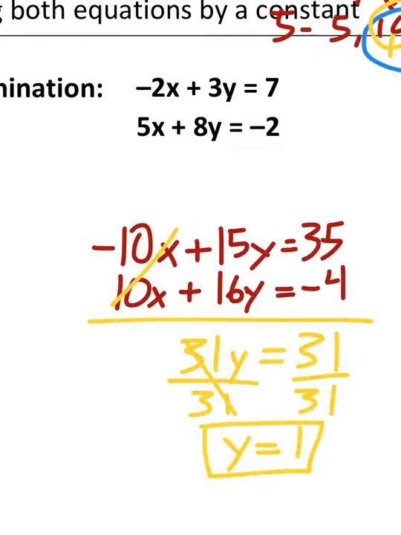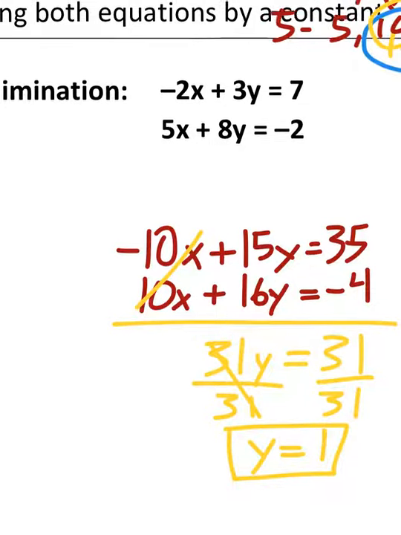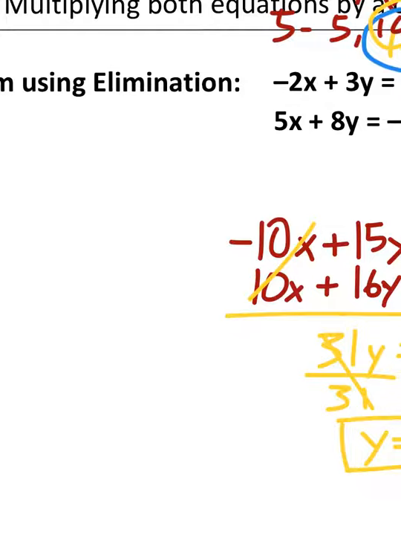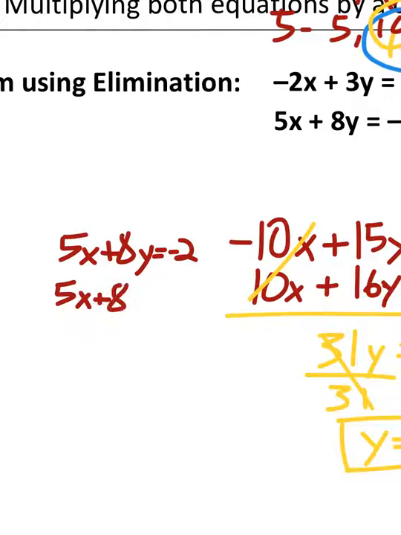Then from there, I'm going to find my x term using substitution. When you're substituting, you can use any of the equations. I'm going to use one of the ones we had above. 5x plus 8y equals negative 2. I'm going to substitute 1 in for y. So I get 5x plus 8 times 1 equals negative 2. 5x plus 8, because 8 times 1 is 8, equals negative 2.